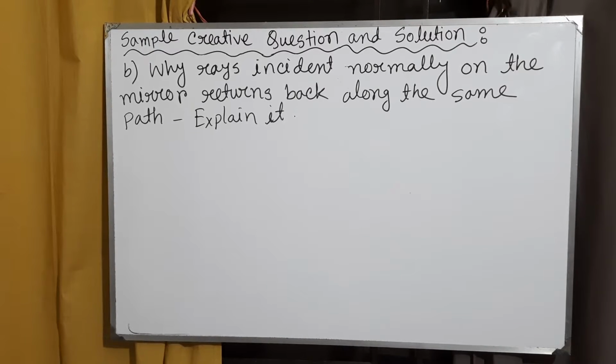Our question B is, why do rays incident normally on the mirror return back along the same path? Explain it. The explanation is, from the law of reflection, we know that the reflected angle is equal to the incident angle.